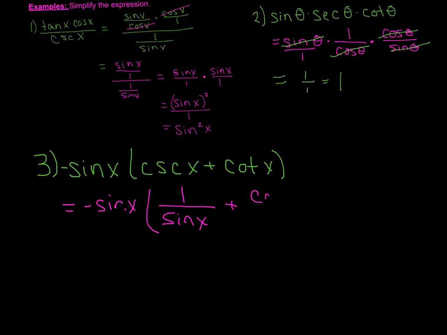Cotangent's cosine over sine. Whenever you have one term times a quantity, remember you have to distribute. You have to distribute before you cancel, because this sine x on the outside cannot cancel with anything on the inside because you have more than one term on the inside.